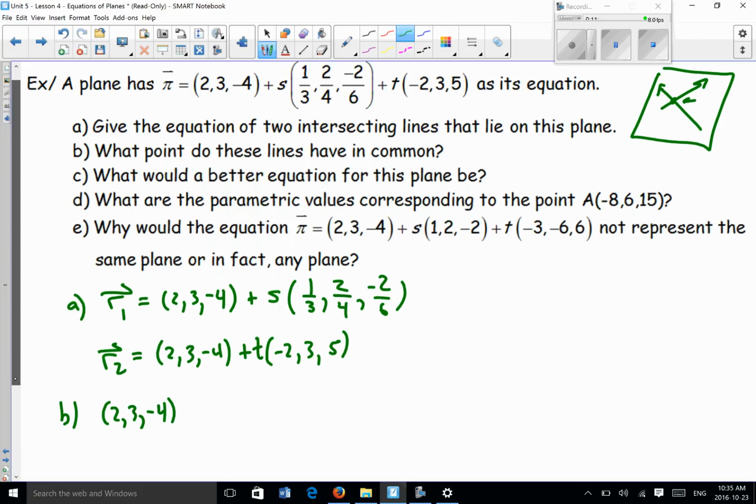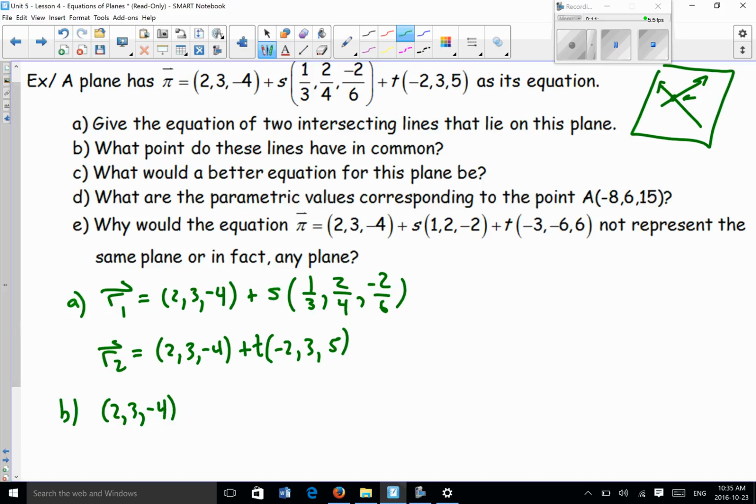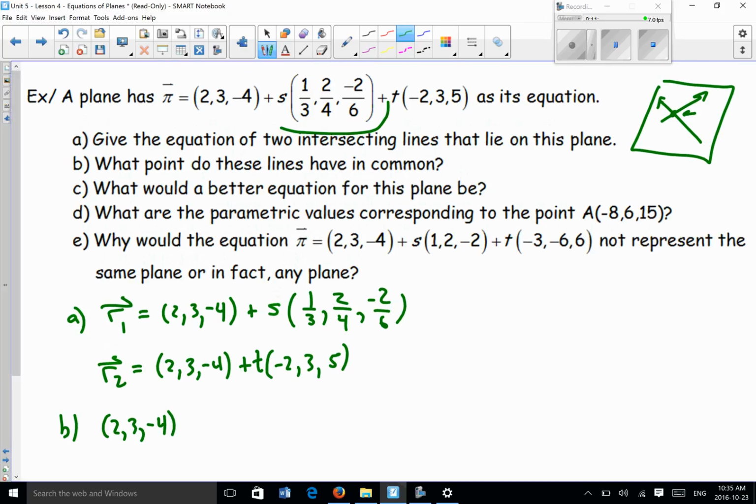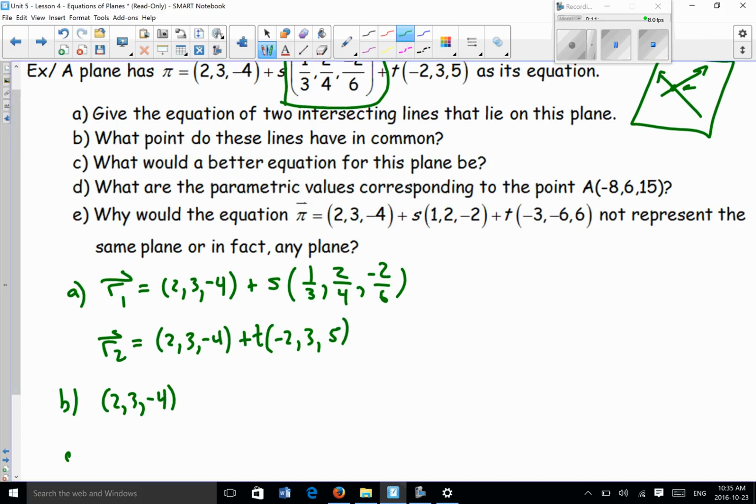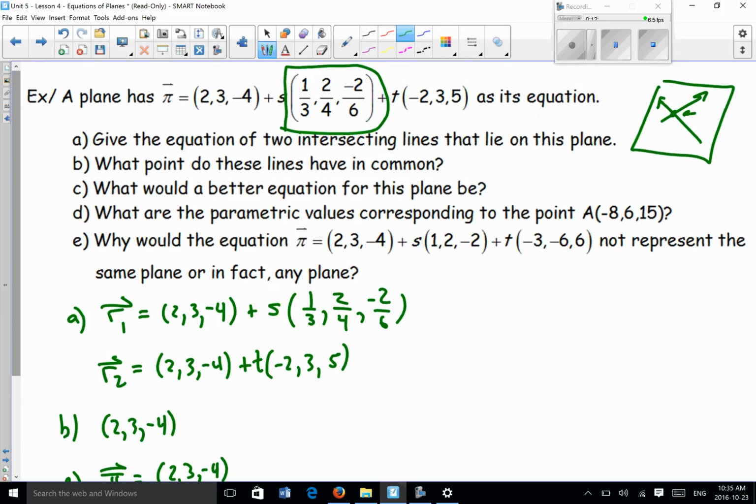What would a better equation for this plane be? Now, why would they ask for a better equation? Well, if you notice the first direction has fractions. We don't really like working in fractions. We like working in whole numbers. So if we can turn that into whole numbers, that would make our life easier. And we know that we can turn it into whole numbers because we can make a scalar multiple. To pick one, what can we do with that? Well, if I multiply by the common denominator of 12, what do I end up with?